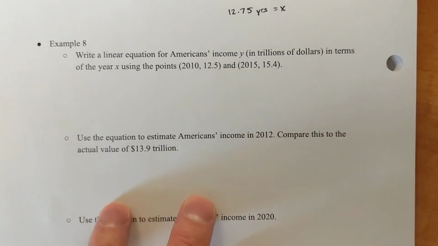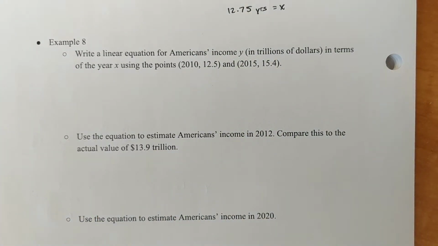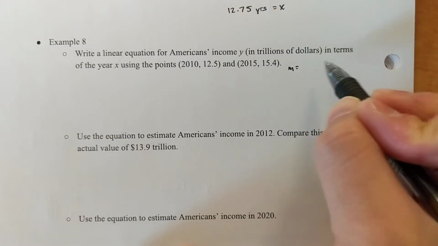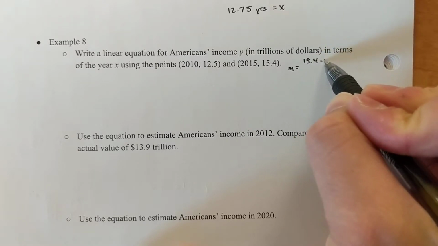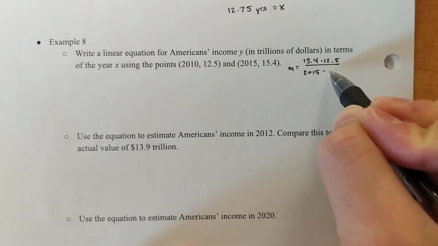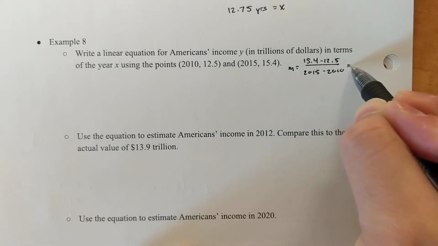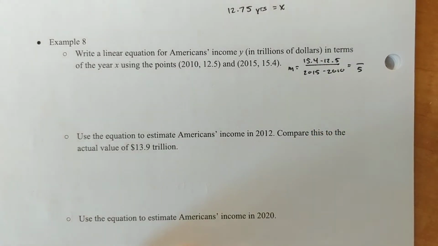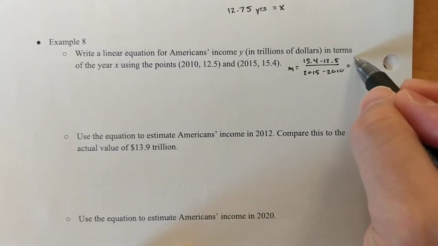All right, so example 8: write a linear equation for America's income in trillions of dollars in terms of the year x using these points. The first thing I need to do is figure out the slope. So it's y2 minus y1 over x2 minus x1. The bottom is going to be 5. The top, 15.4 minus 12.5, is 2.9.